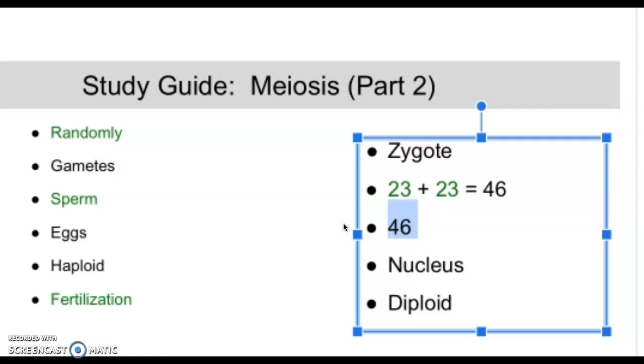So our liver, our white blood cells, our red blood cells, our muscle cells, our brain cells, they're all going to have 46 chromosomes. Okay, our gametes, our sex cells, are going to have 23 chromosomes.